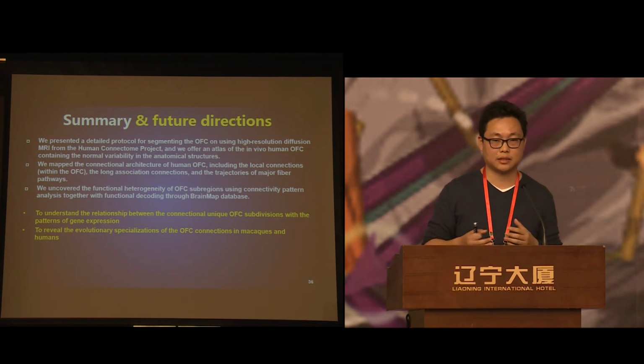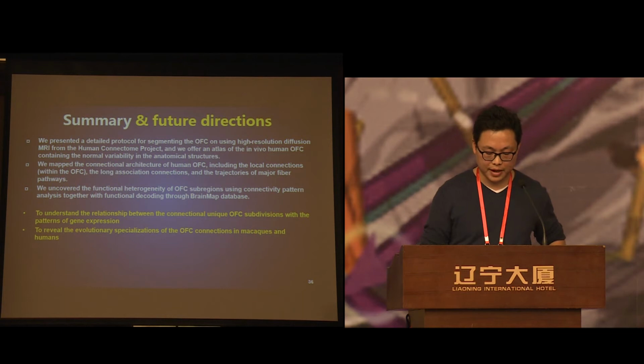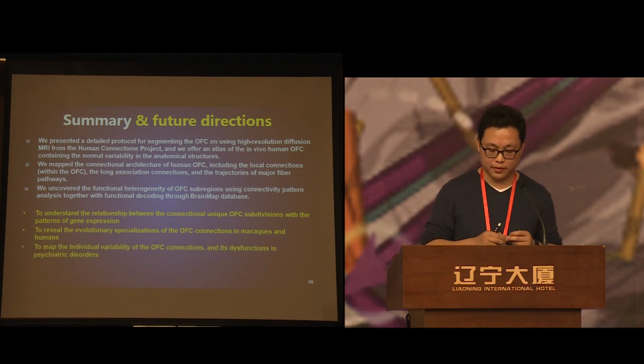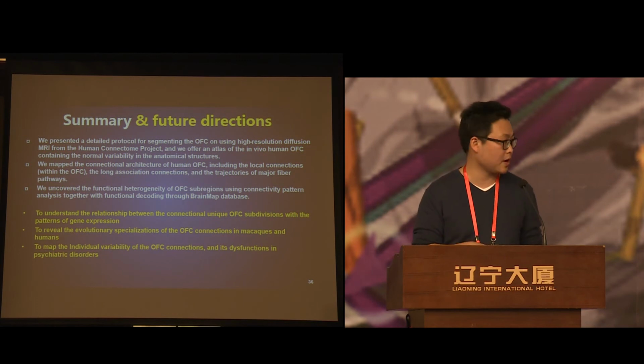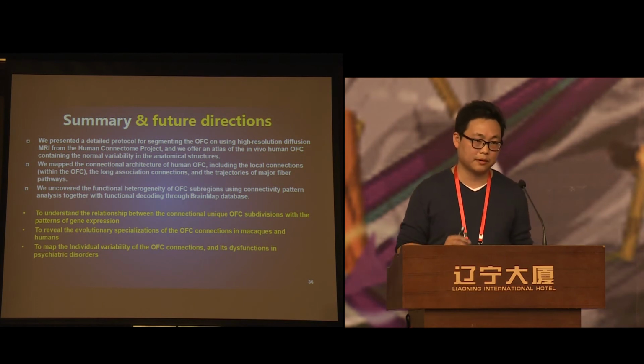Now we have collected lots of post-mortem and in vivo macaque brains. We can just use the diffusion to do the cross-species comparison. And finally, to remap the individual variability of the connections and its dysfunctions in different types of disorders related to this brain region.